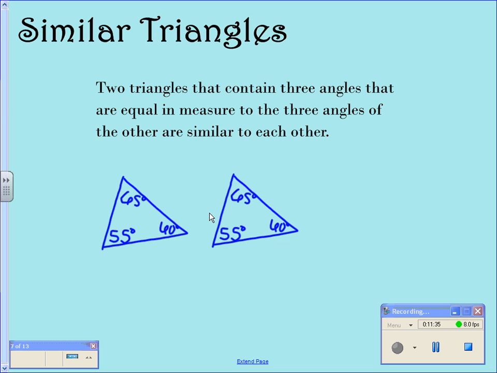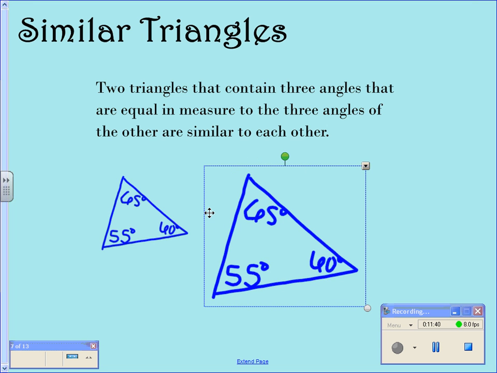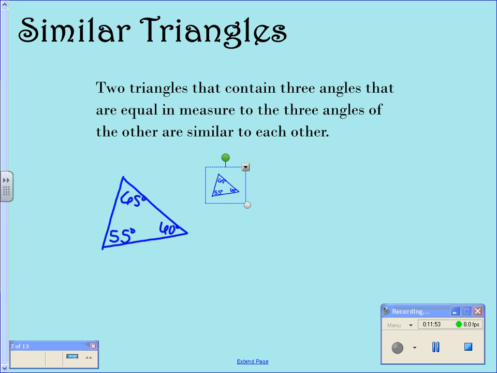No. Congruent. What are they now? No, they're not congruent. They're similar. All of the sides were multiplied by 2. What are they still? All the sides were divided by 10. That makes sense?